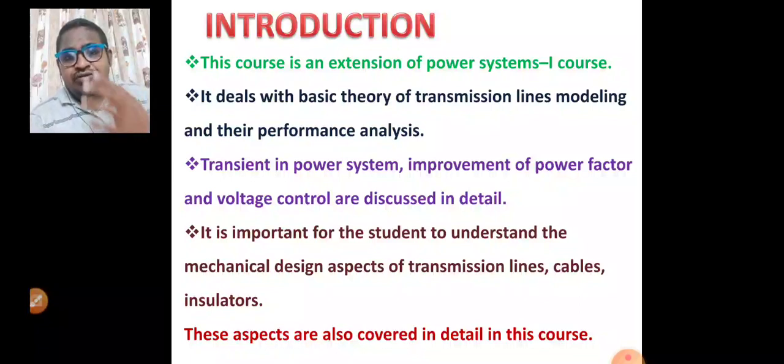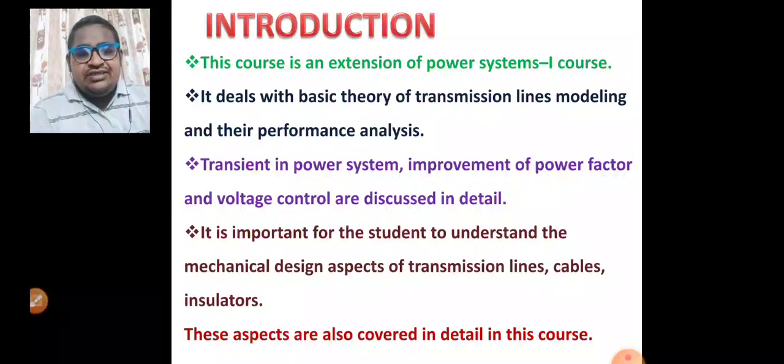Now, how can you expect a good performance system? The efficiency must be as high as possible, and regulation must be as low as possible. For any good performance system, we expect high efficiency and low regulation.